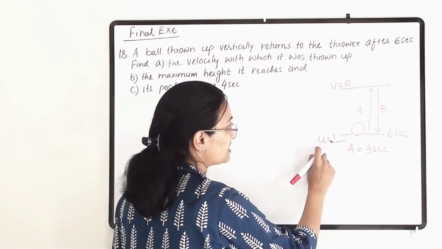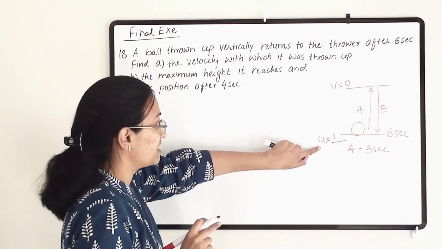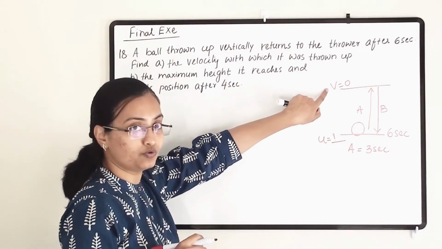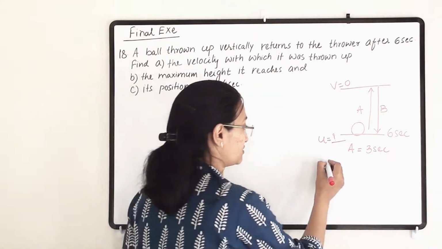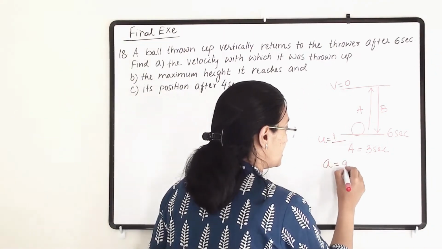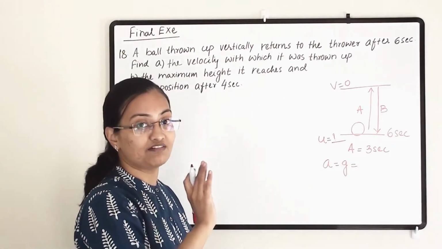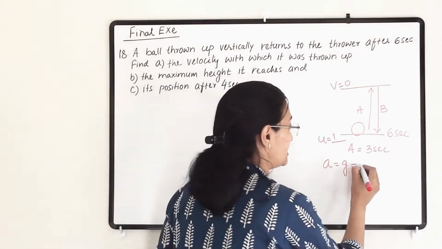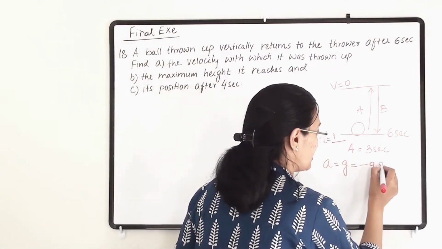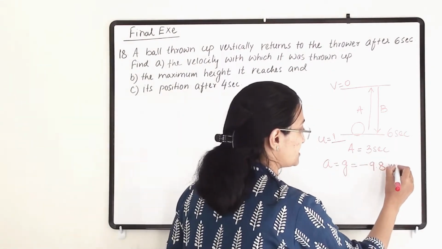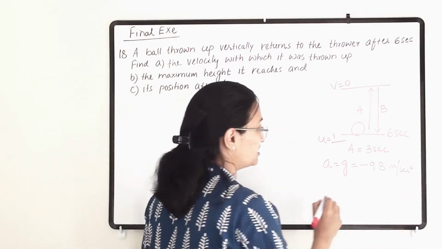So in this case, u we have to find out and v is going to be 0. Now acceleration is going to be equal to the gravity, and that is against the gravitational force. So it is going to be negative. So minus 9.8 meter per second square we are going to take here.